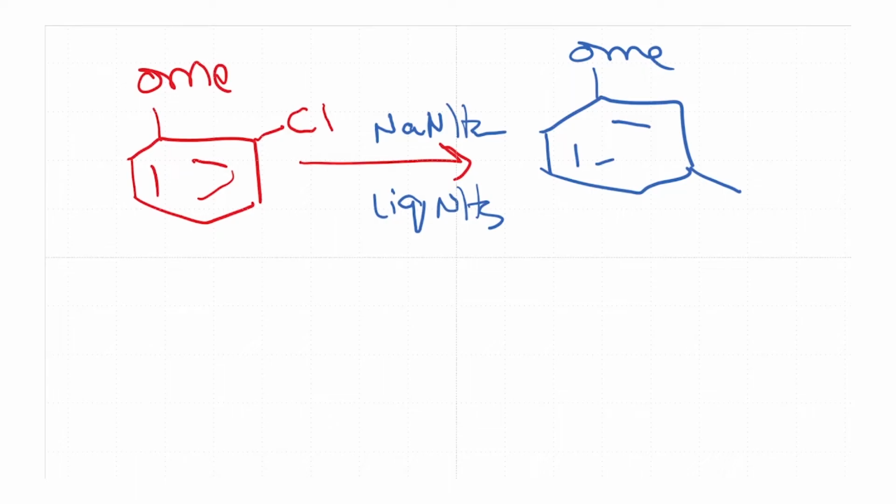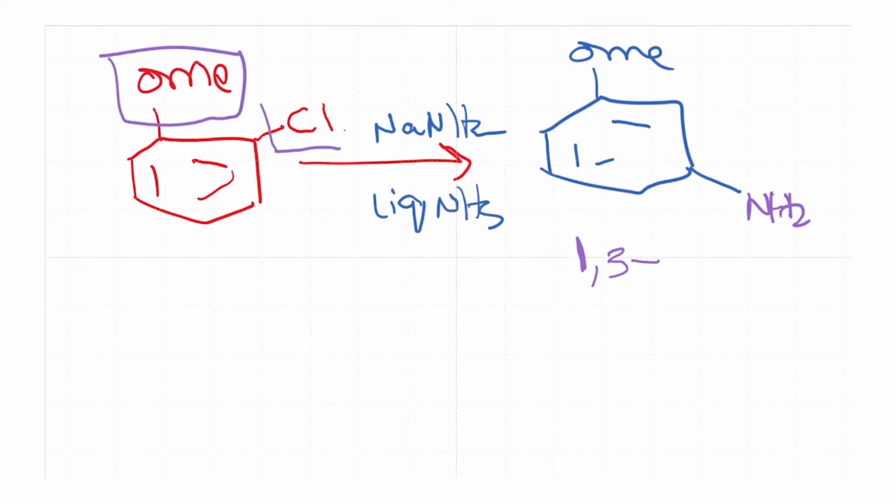Okay, and the product that is formed is the following molecule, which is a 1,3 substituted product. Okay, so here you start with the methoxy at 1 position and chloro at the 2 position, but you end up with methoxy at 1 position and aniline at the 3 position. So this is another piece of evidence that suggests that the benzyne mechanism is actually in play.